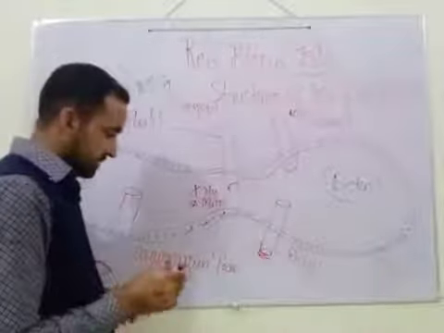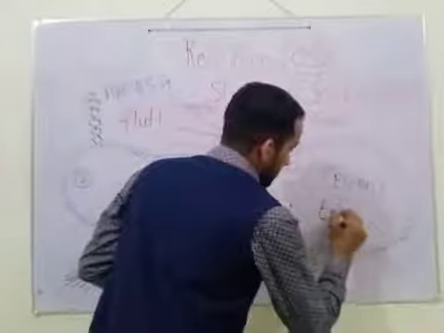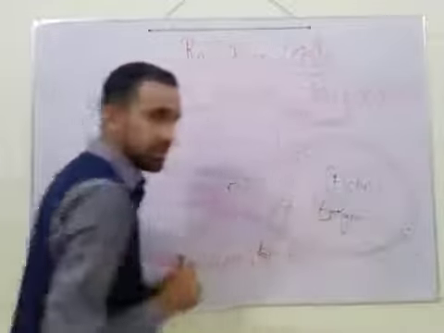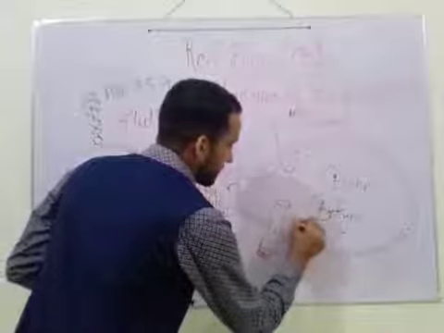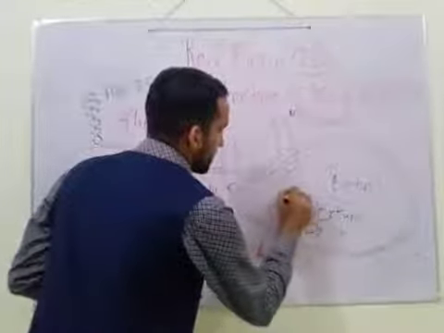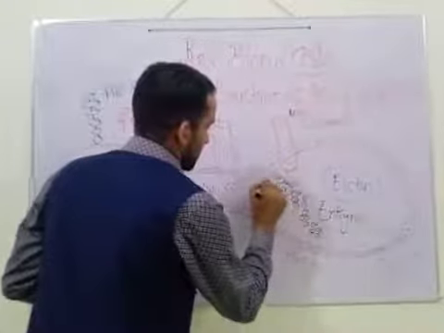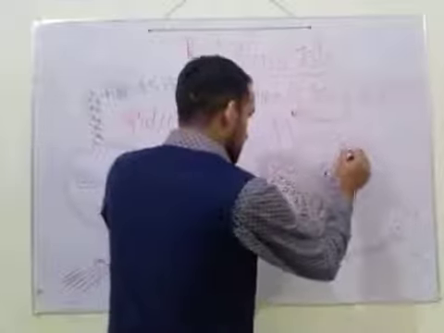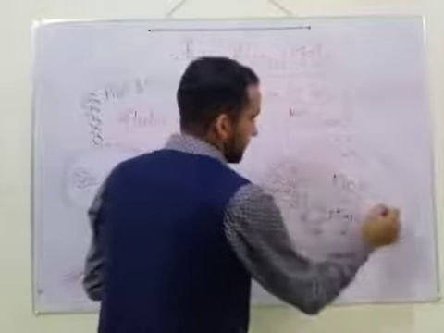Another type of protein is called integrin, which is present in the red blood cell. For example, this is integrin protein. I am showing it in black, and in blue this is actin.